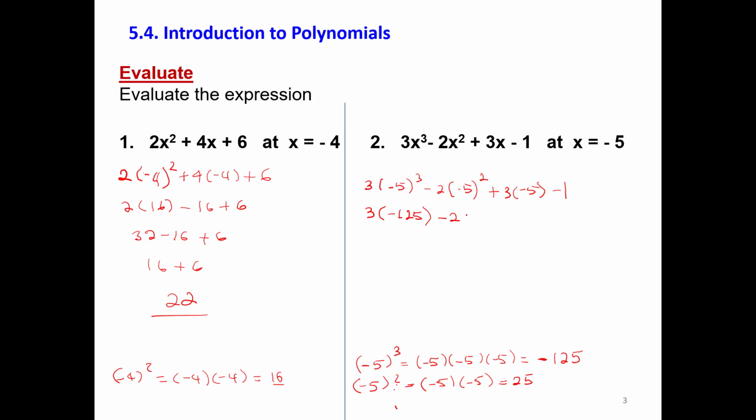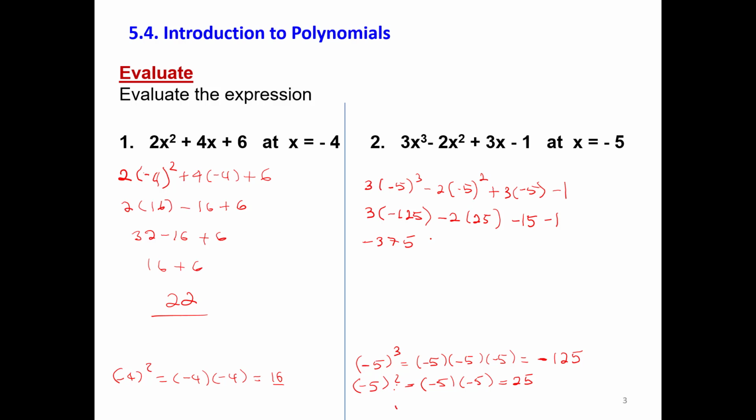Then it's negative 2 times 25, positive 25. Positive times negative is negative, negative 15 minus 1. Now we need to solve these multiplications. 3 times negative 125 is negative 375.